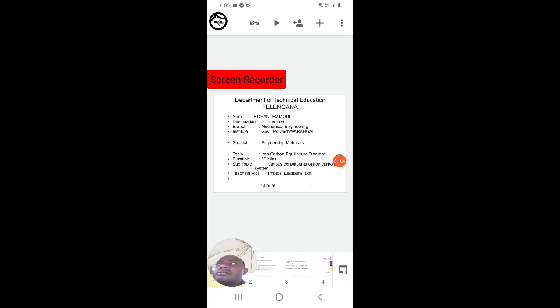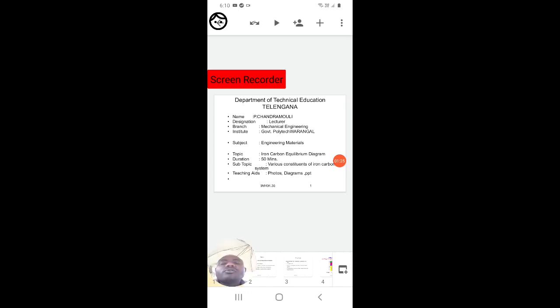Alloying means that where a vacancy position is available, a foreign atom occupies that position. That type of alloying is called interstitial solid solution alloying.